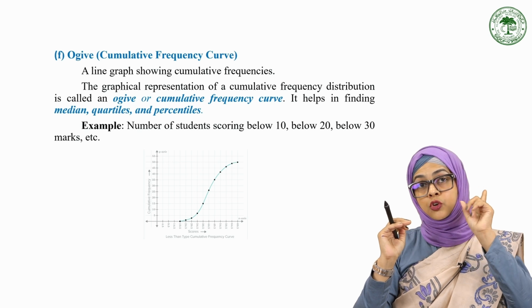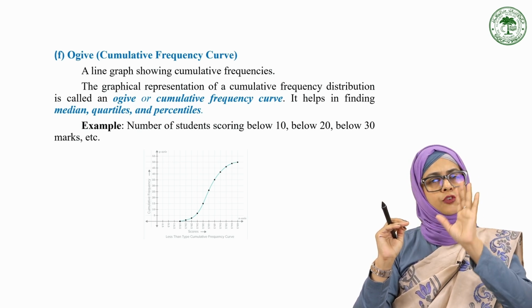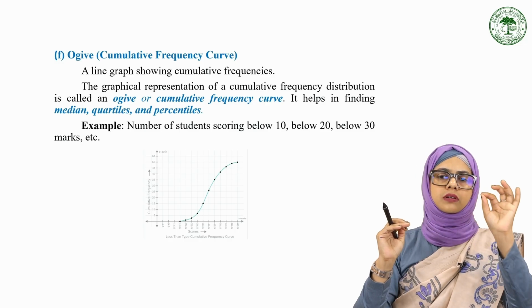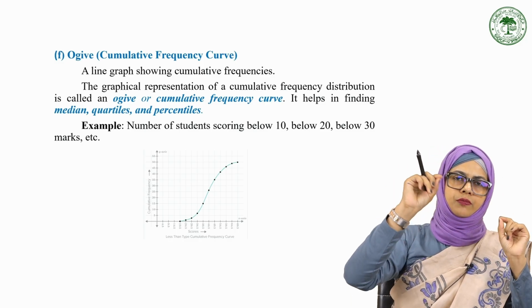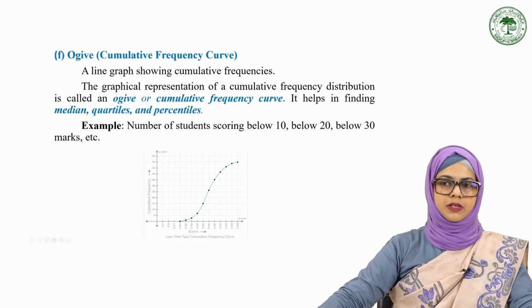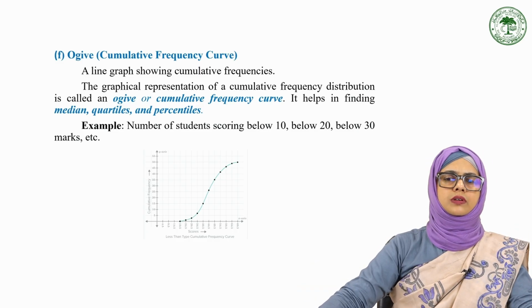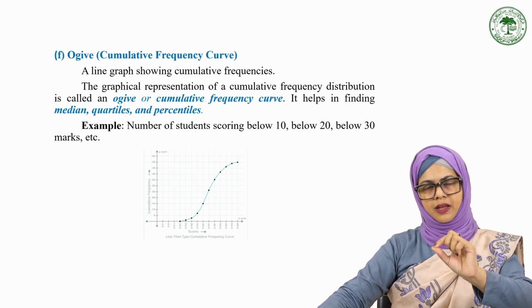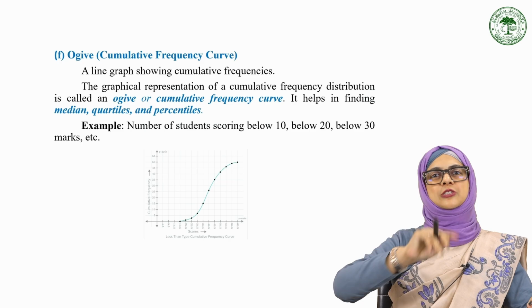And a cumulative frequency polygon, if you remember, is also a line graph of cumulative frequency, but it is constructed using the midpoints of the class, and the connecting points are formed with line segments. So the only difference is that the cumulative frequency polygon is connected by line segments, but the curve is drawn by free hand. So it's basically a very smooth curve.